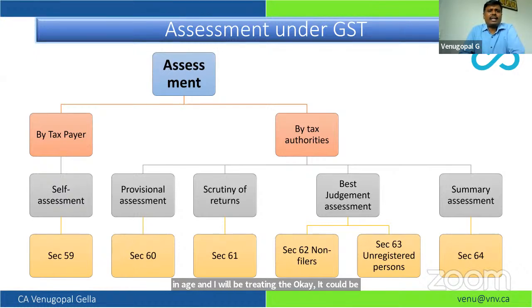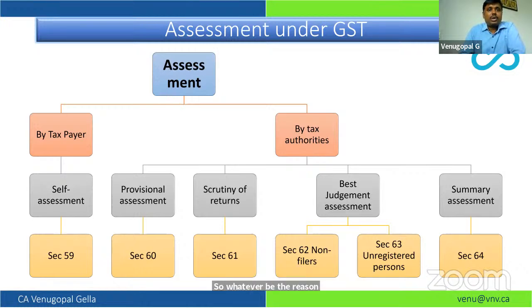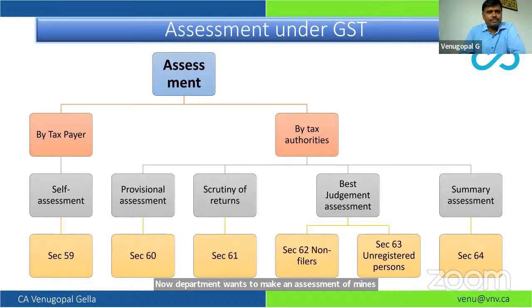Or I have treated everything as exempt supply, while the department says it's not an exempt supply. Whatever the reason, I have not taken registration, and now the department wants to make an assessment of mine. That's where section 63 comes in, assessment of an unregistered person.